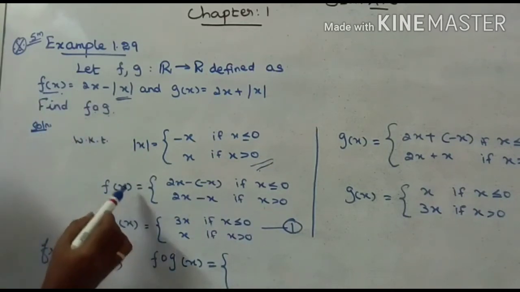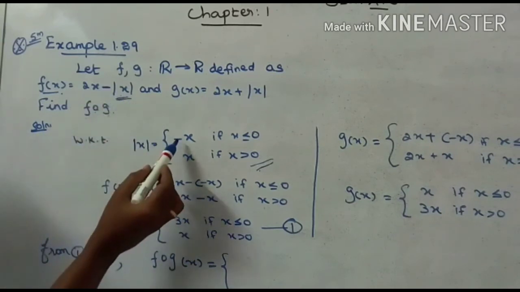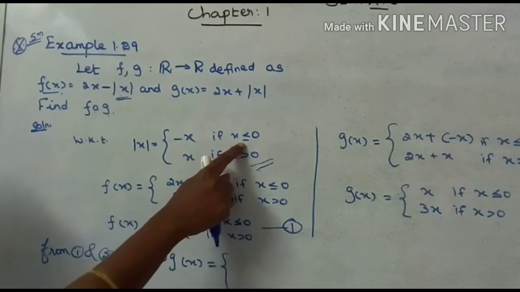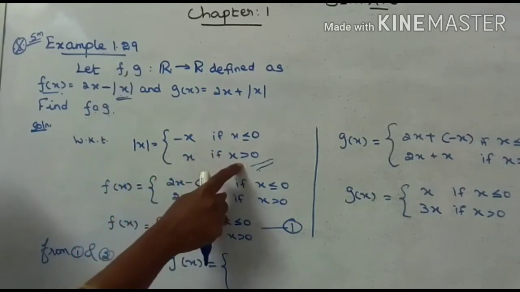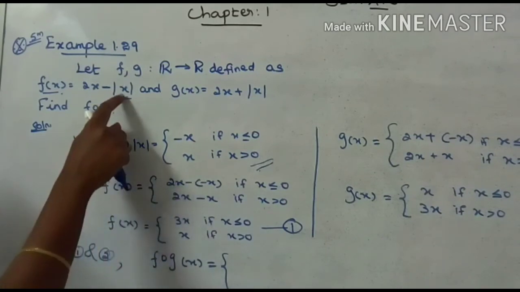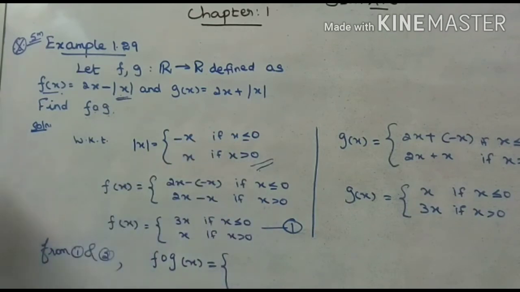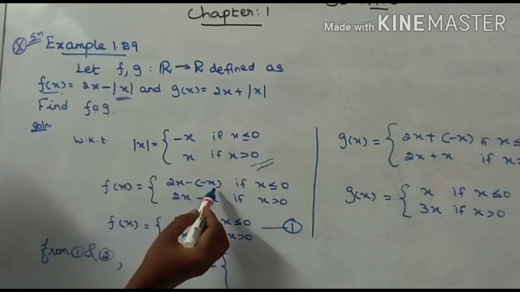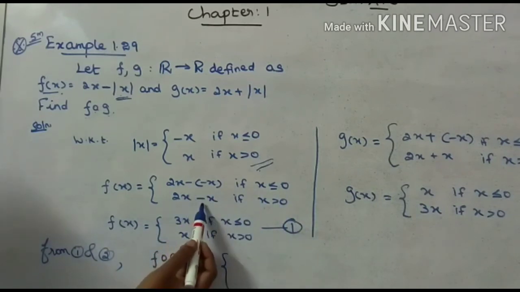So f of x equal to 2x minus, you substitute the modulus of x definition. In the negative interval we get the modulus value negative, and in the positive interval we get the modulus value positive. So first you substitute the negative interval: 2x minus of minus x if x less than or equal to 0, and 2x minus x if x greater than 0.